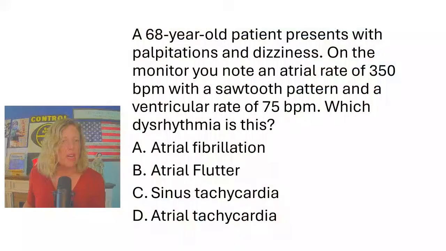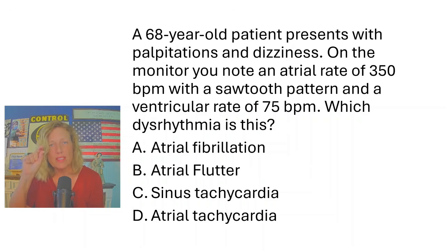So we're going to be doing atrial dysrhythmias today, and we're going to be focusing on atrial dysrhythmias using words. If we're going to use words, then you have to understand that the P wave represents the sinus node.